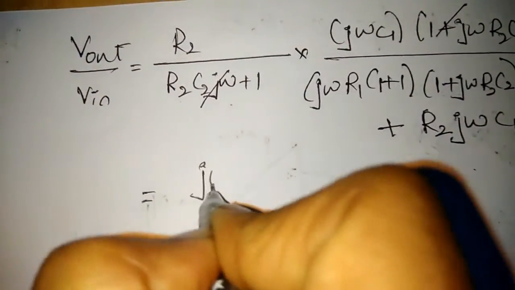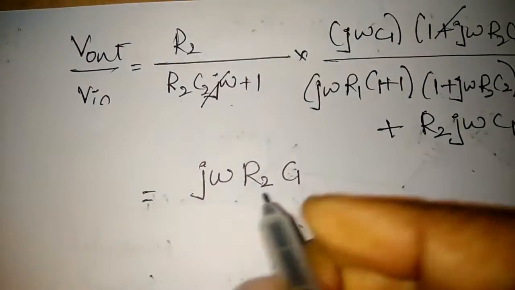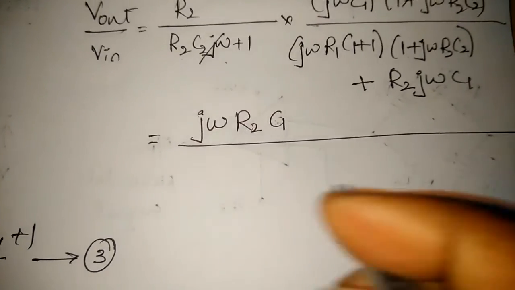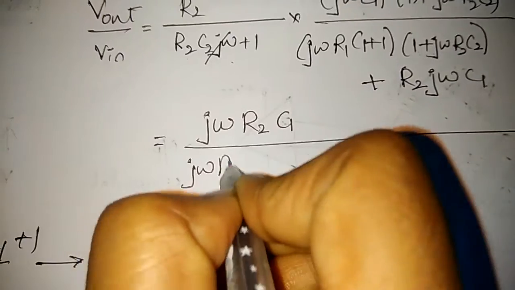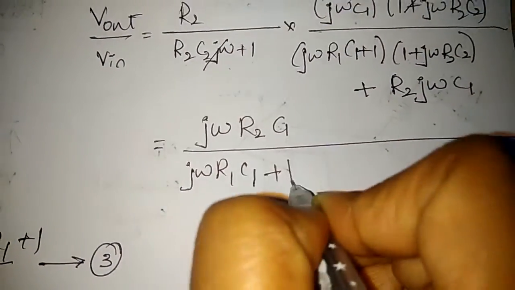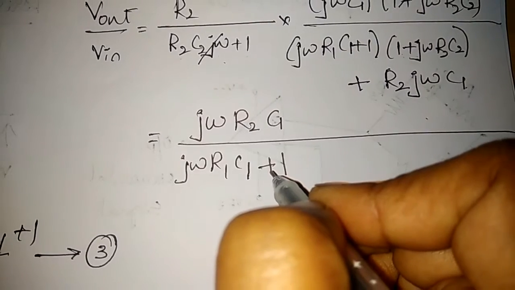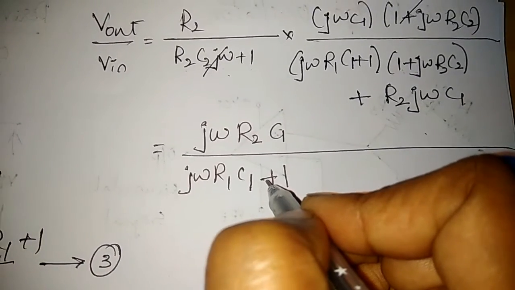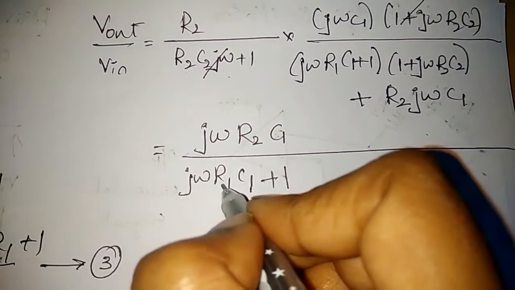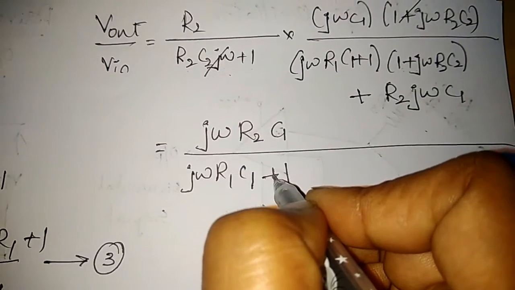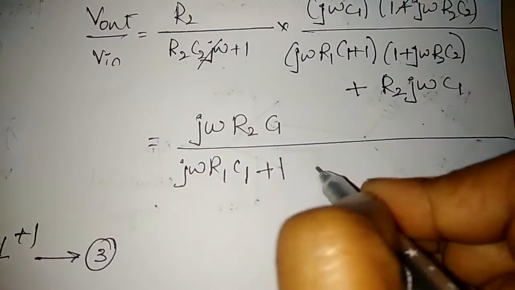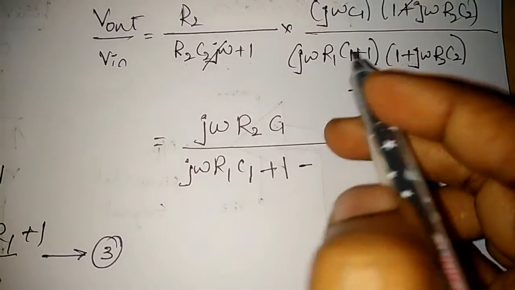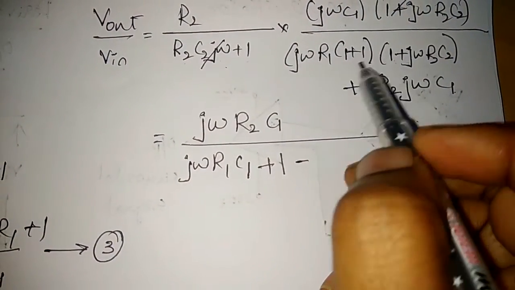So now I'll remain with j omega R2C1 in the numerator. In the denominator, multiplying j omega R1C1 plus 1 with these two, I'll be getting j omega R1C1 plus 1.